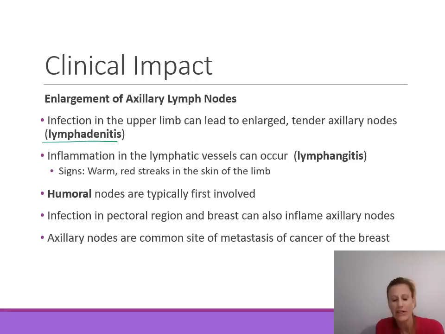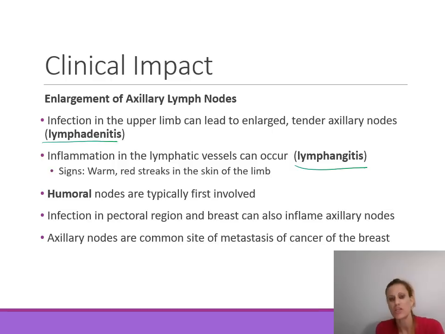Inflammation in these areas can also cause inflammation of the actual lymphatic vessels themselves, which is lymphangitis. When lymphangitis is present, signs are warm red streaks in the skin of the limb. So there are warm red streaks leading up to the lymph nodes themselves.